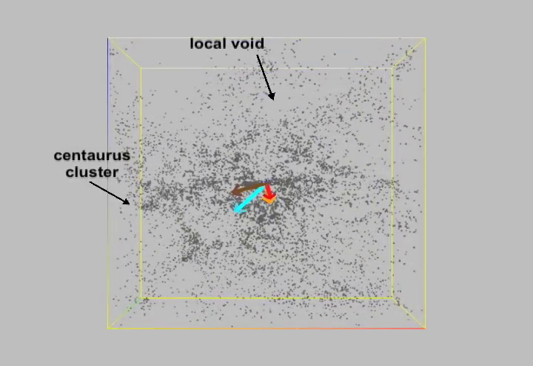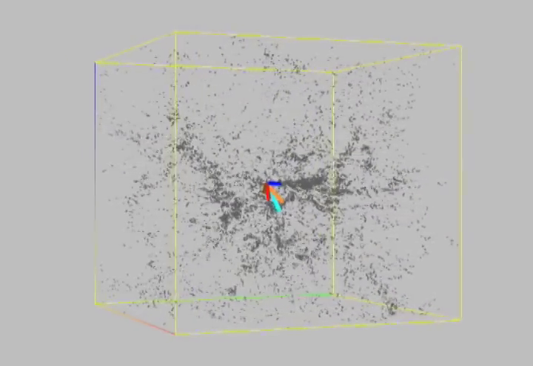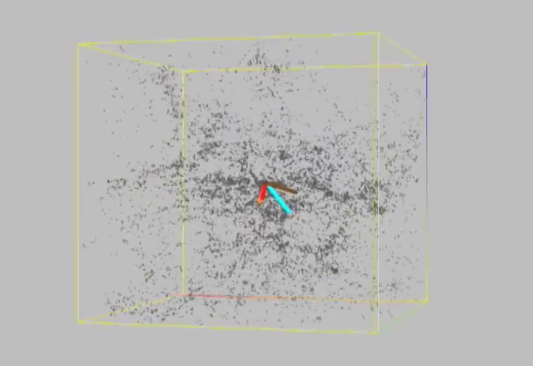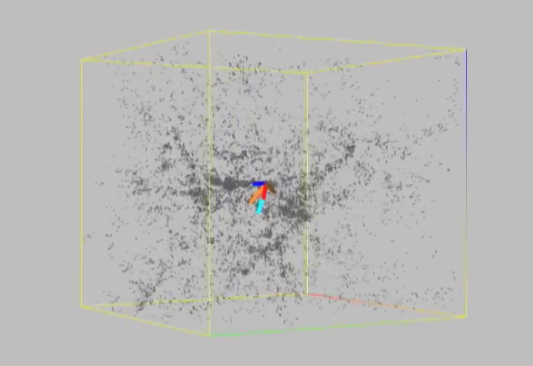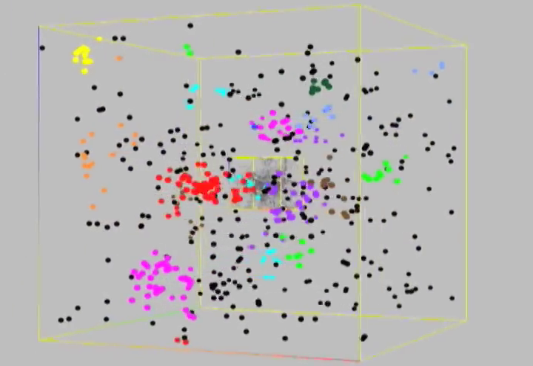Now we add the cyan vector, which indicates our motion with respect to the cosmic microwave background. And we add the brown vector, which is the residual of the subtraction of the orange vector from the cyan vector. Hence, the brown vector is the component of our motion with respect to the cosmic microwave background that is caused by structures on scales greater than 3,000 kilometers per second.